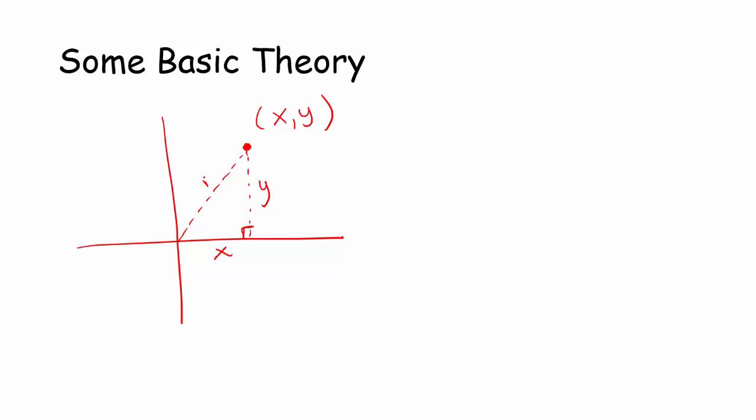I could label that right triangle with side lengths x, y, and I'll call the hypotenuse r, and there's theta. So if I wanted to describe that point, I could use the x and the y, or I could use what that angle is and the distance from that point to the origin, which I'm calling here r.